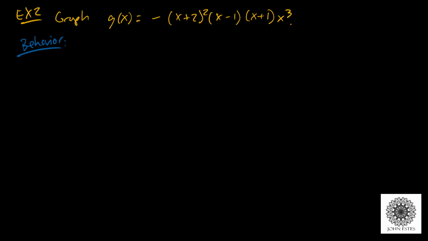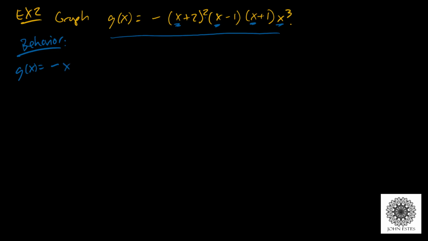If I were going to multiply this thing out, all this together, what would I get? So I know g of x is going to be, well, it's got a negative out front, and then I have x squared times x times another x, so that's x to the 4th times x cubed. Remember, you add the exponents.